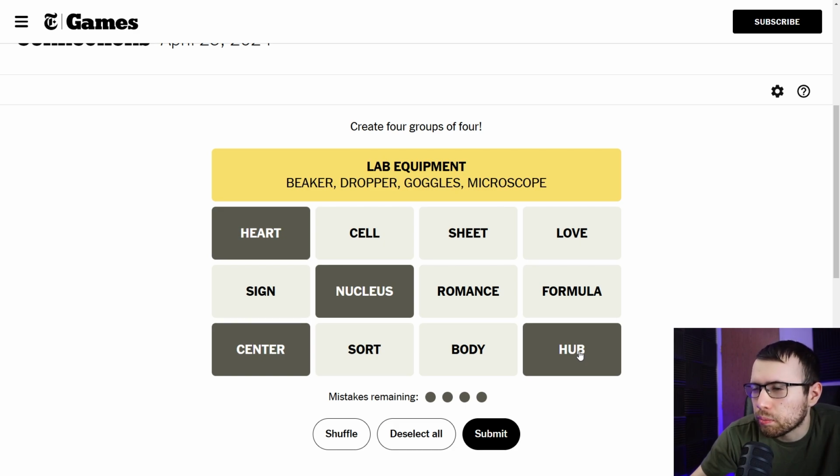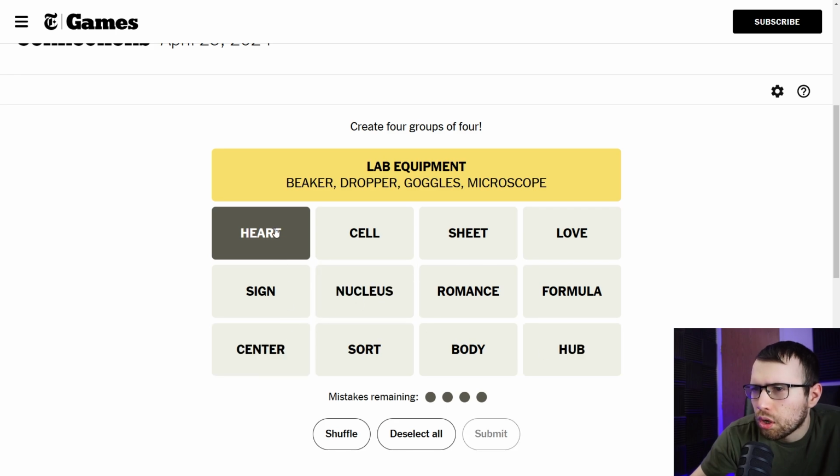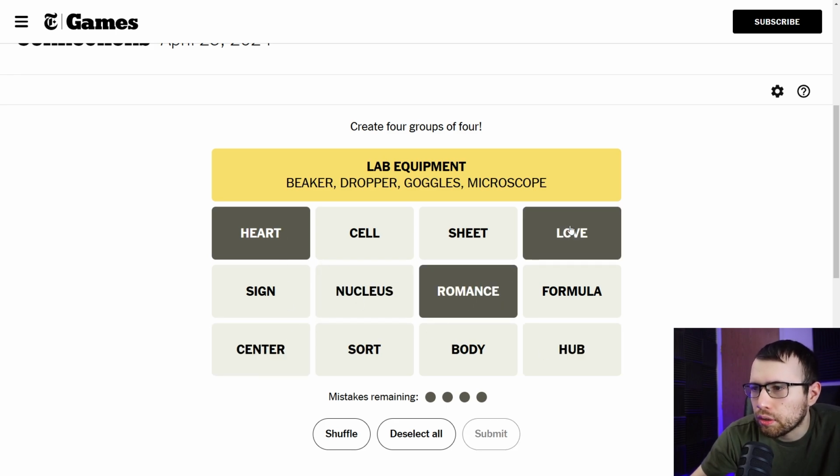Maybe heart goes with something else. Heart, romance, and love. Okay, there's something. Is there actually a category here, or is that throwing me off? They might be tricking us here.